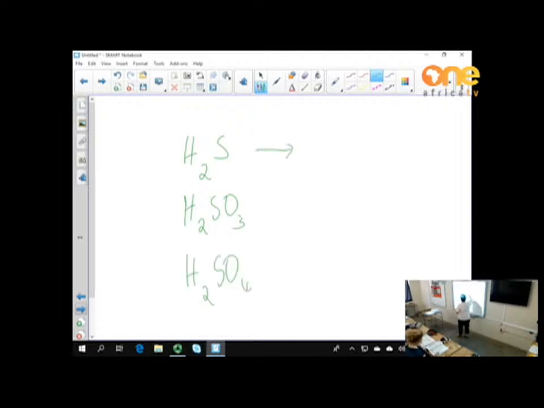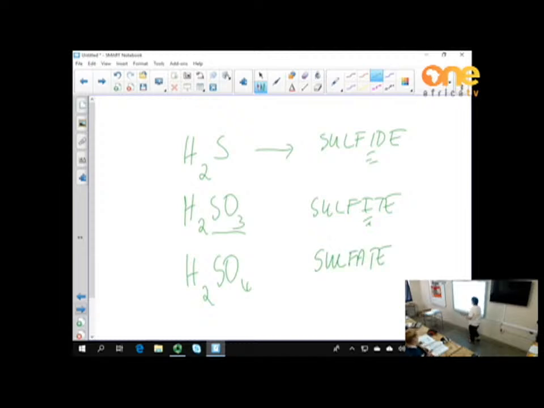I think I've had this on the board. That is hydrogen sulfide. That is hydrogen sulfite. And that one is hydrogen sulfate. You must know the distinction between those three.